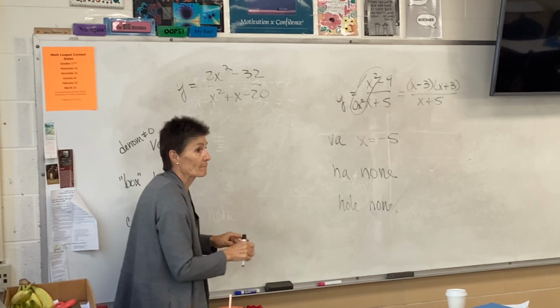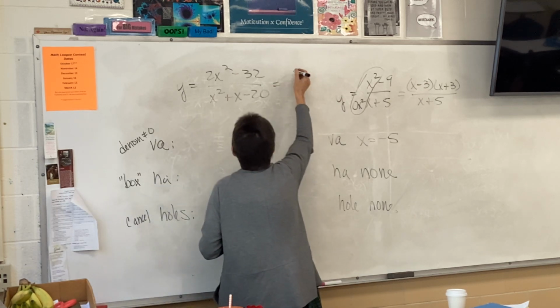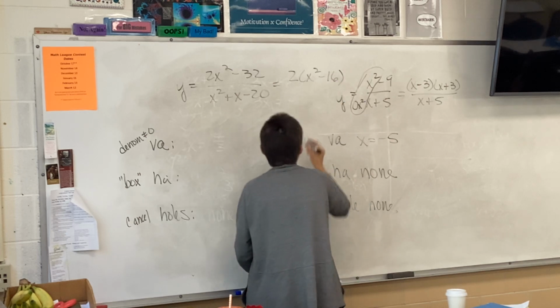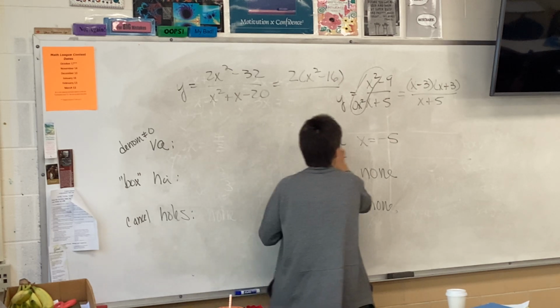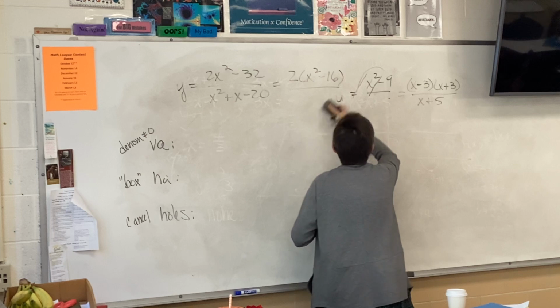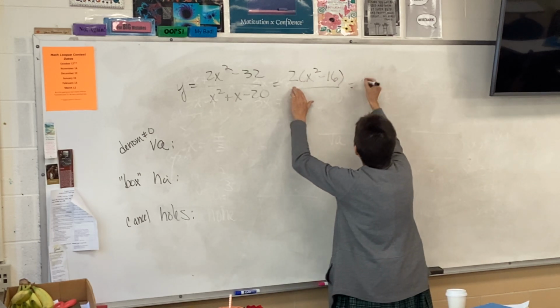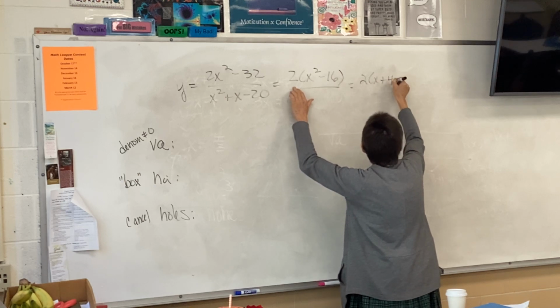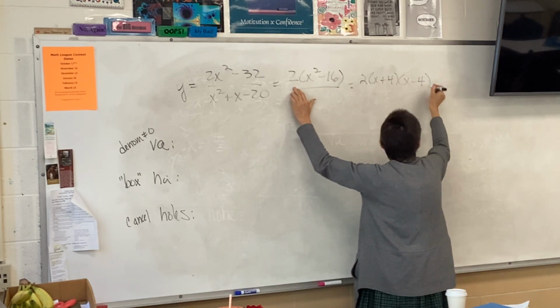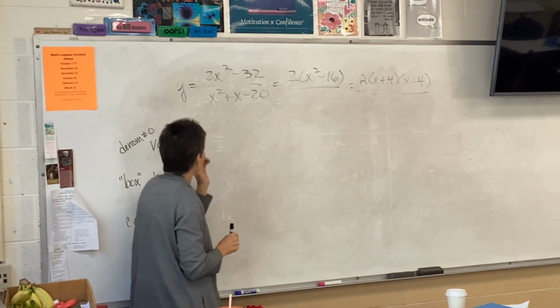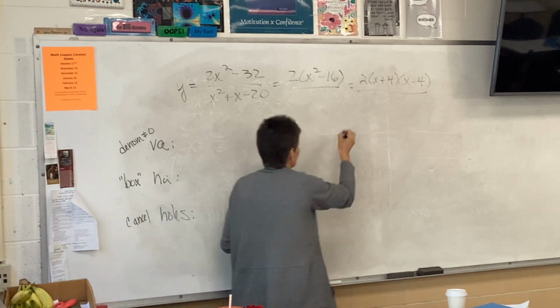For the top one, I would definitely pull out a 2, and that leaves me with x squared minus 16. And what do I know about x squared minus 16? x minus 4, x plus 4. So 2(x plus 4)(x minus 4). Okay. How about my denominator? Can I do anything with my denominator?